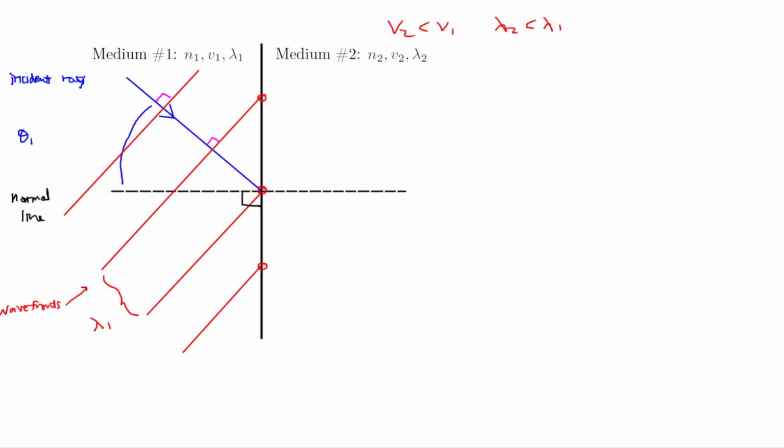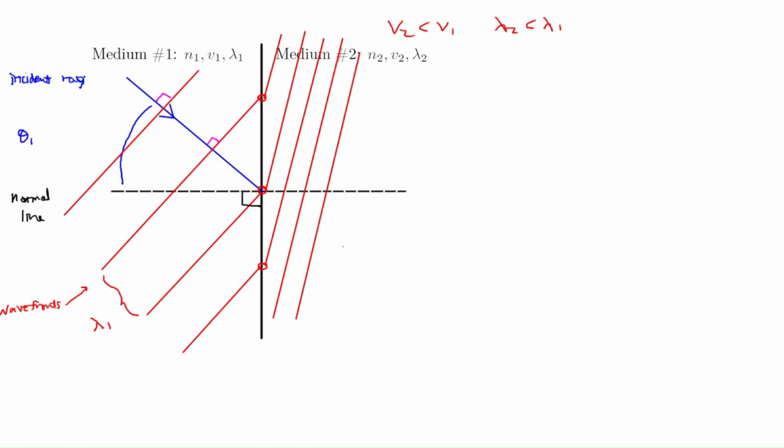Well, it turns out there's one way to do this. And that is if we take these wavefronts, attached to where they're supposed to be attached, and angle them upward just a little bit. Now they have to be parallel with each other, and they're supposed to be the same distance apart. So pardon my lack of artistic skill here.